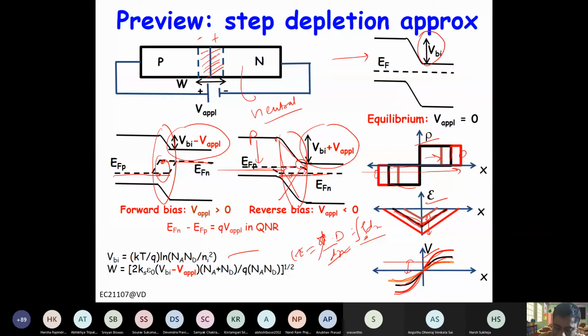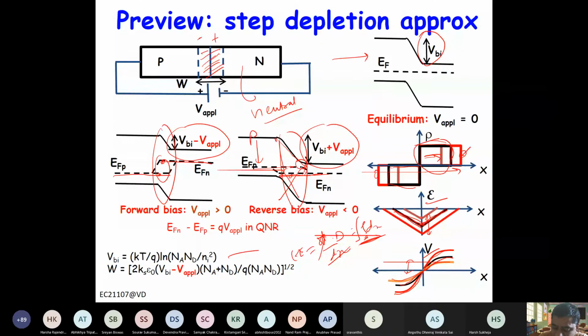So it linearly decreases. Now this charge density is the same, whether it is forward bias or reverse bias. So that means the total charge enclosed will increase for reverse bias and decrease for forward bias. The total charge enclosed will tell you the maximum electric field. So the maximum electric field will increase for reverse bias and decrease for forward bias. I'm talking in terms of the magnitude.